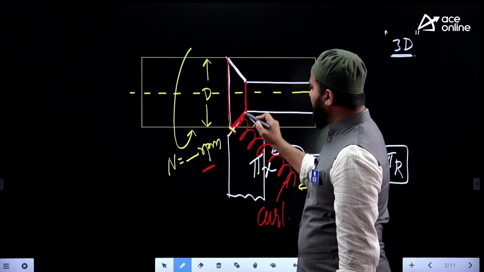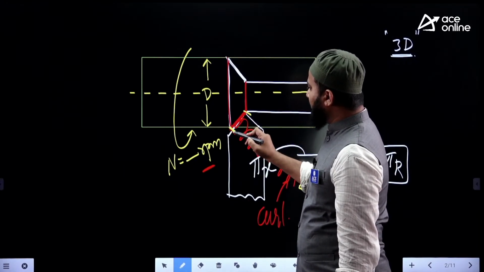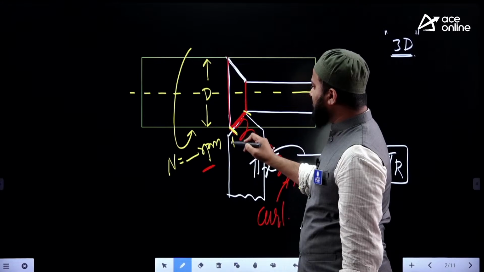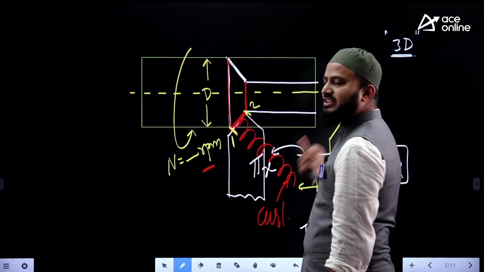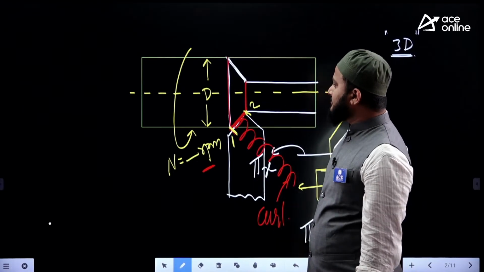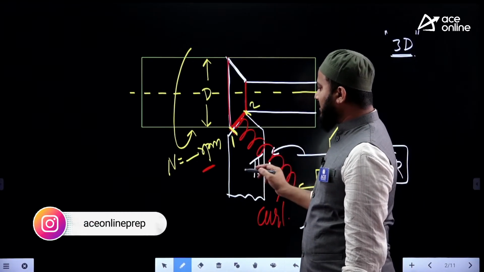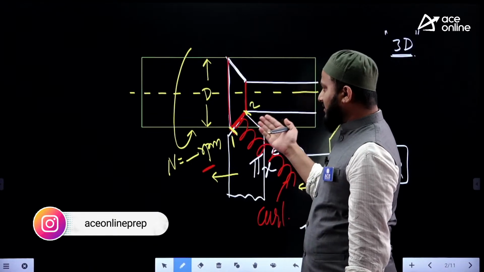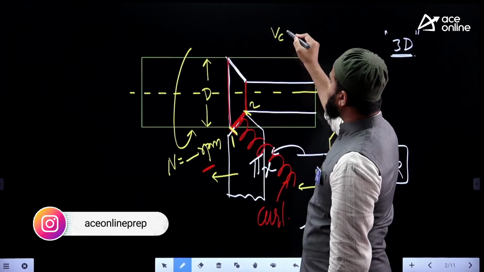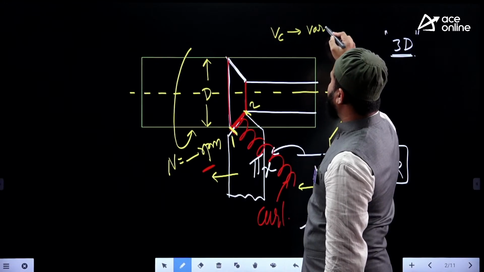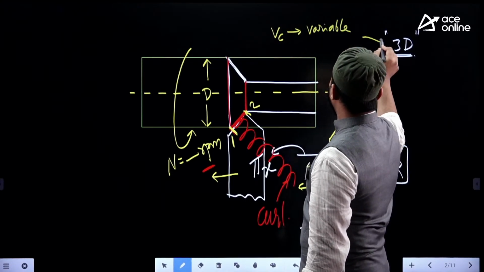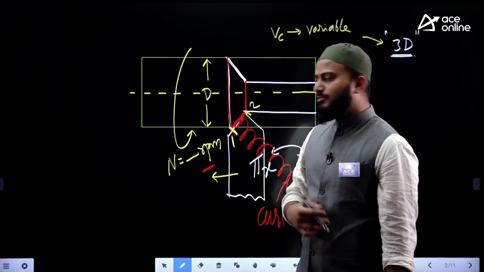Suppose consider this is point 1 and point 2 of the chip, where the chip is faster at point 1 and at point 2 it will be slower. Due to that, the chip will always take a curl formation. So the curl behavior of the chip is due to variable chip velocity. Chip velocity is not constant, it is variable in the case of three-dimensional or oblique machining.